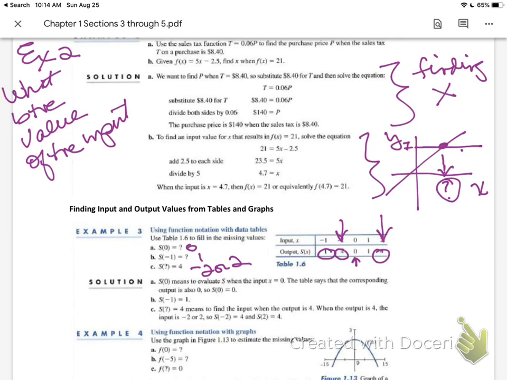Okay, and then they go on to look at the example using function notation with graphs, and you're doing the same thing. So for example, use the graph in this figure right here, and you want to estimate the following values. F of 0. So what does that mean? F of 0. You plug in a 0, and that's going to be right here, where across is the y-axis.